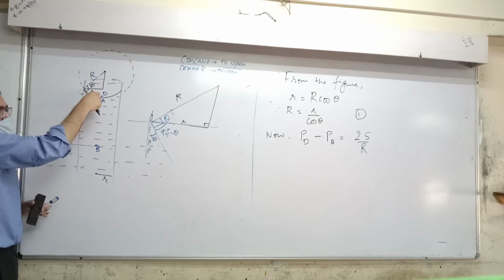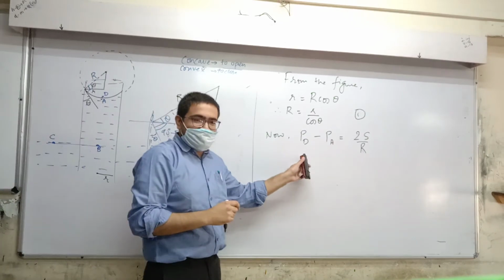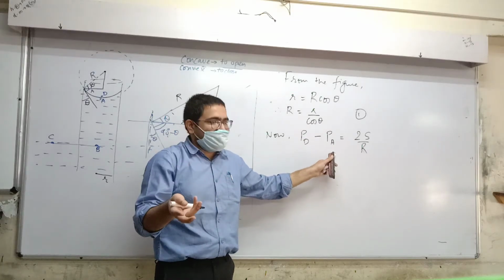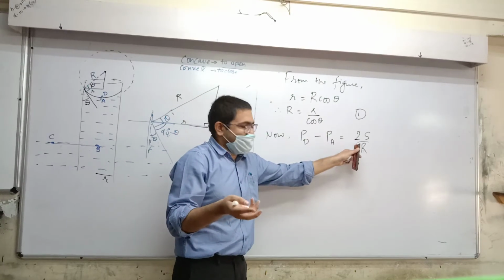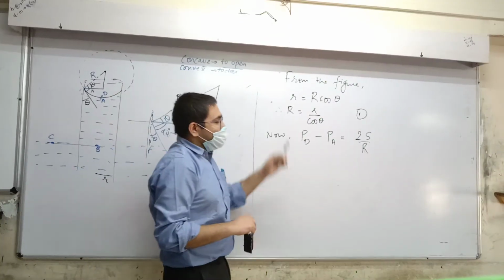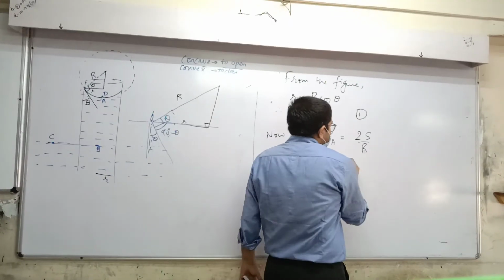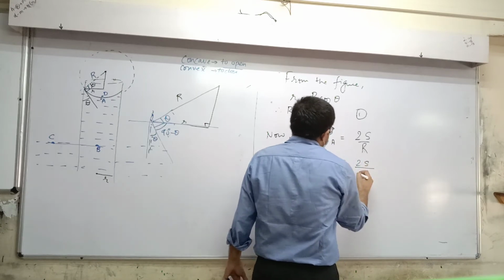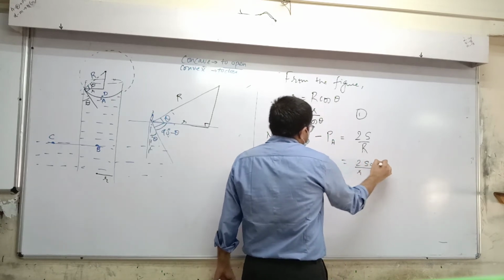So this is an air bubble in water. Here there is pressure P inside, that is PD. Here there is pressure outside, PA, outside that bubble, and that is equal to 2S by R. Fine. So what is the value of capital R? R by cos theta. 2S upon R, and here you get cos theta.